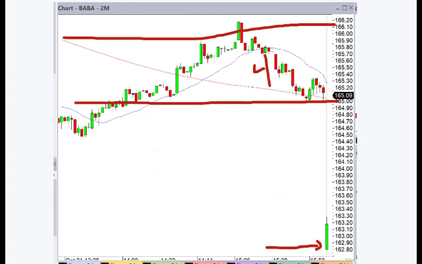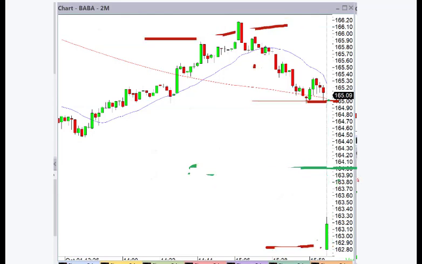Stock gaps down. Gives me the first bar. It's a power bar. It's a decent, solid green bar. So I'm thinking that maybe Baba has the power to move up into the 50% area of the gap. See, the top 50%, the bottom 50%. But it doesn't do that.